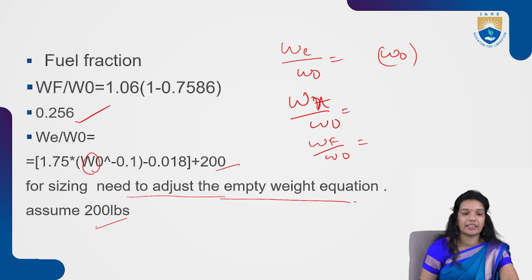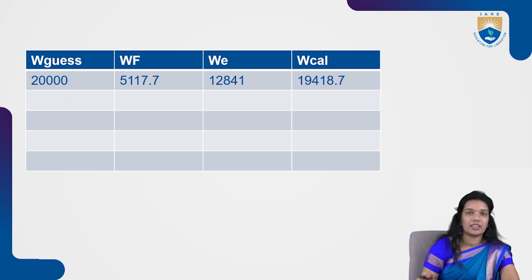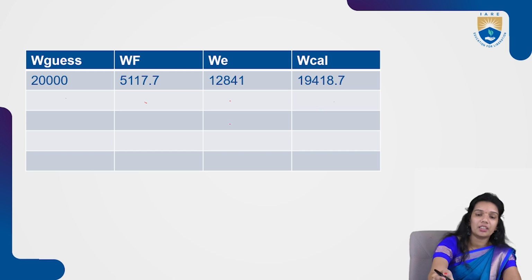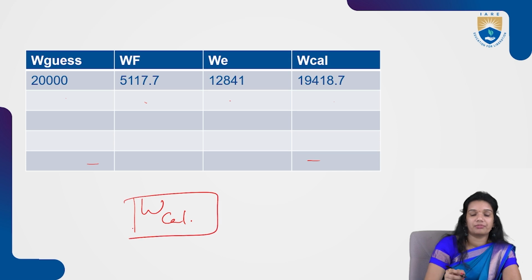You substitute your guess weight here, and you get a new empty weight fraction value, and with respect to that, we get a W calculated one here, right? Because we know WC plus WP by 1 minus WE by W0 minus WF by W0, right? So we get a new calculated weight. Again, we repeat this iteration until there is convergence, right? Until you reach an approximate value, and that is how you finally calculate the weight of it.